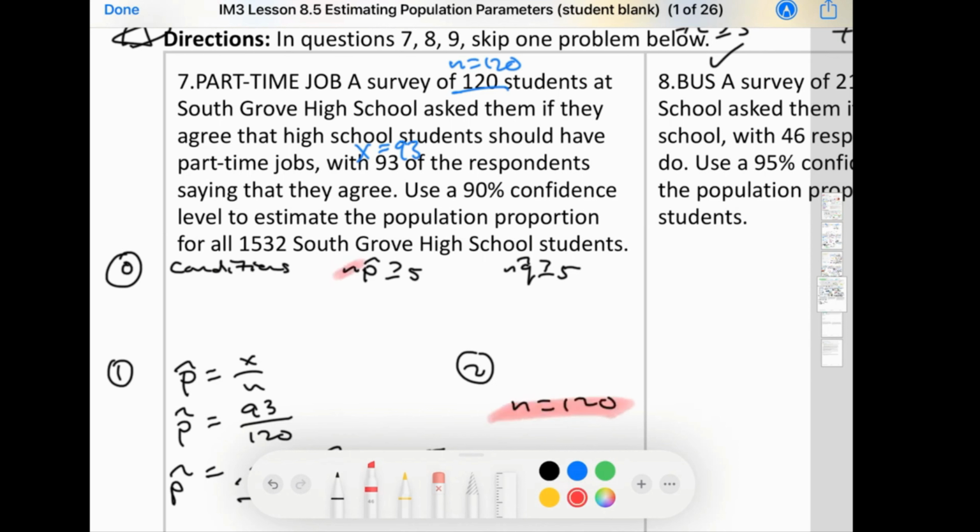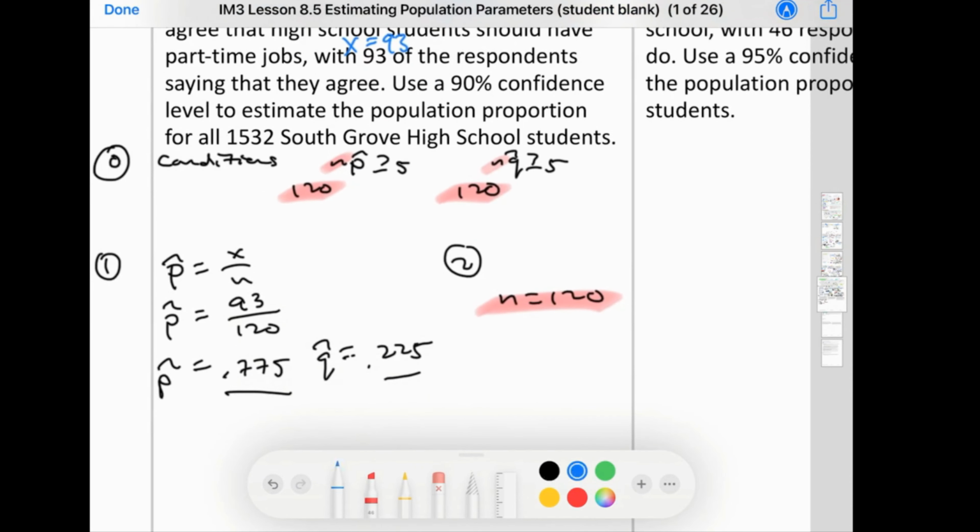So n equals 120. P hat is 0.775 and our q hat is 0.225. Let's write that in there.